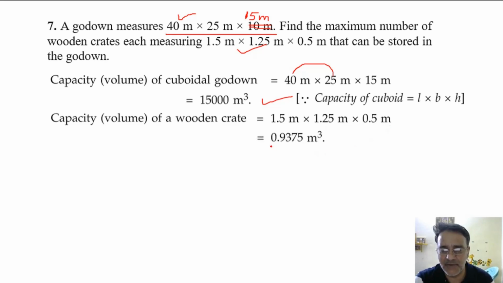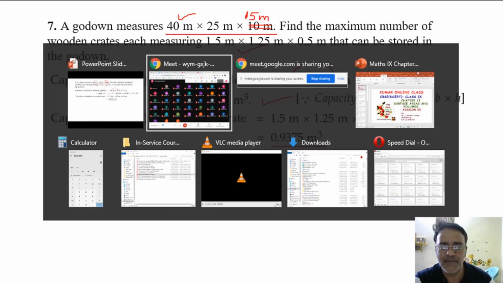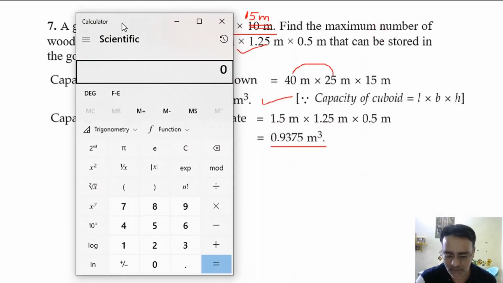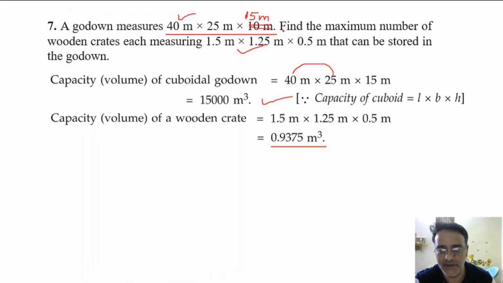If you multiply, you will get 0.9375 meter cube. Wait, let me check once, because 1.5 into 1.25 into 0.5. Right. Okay.